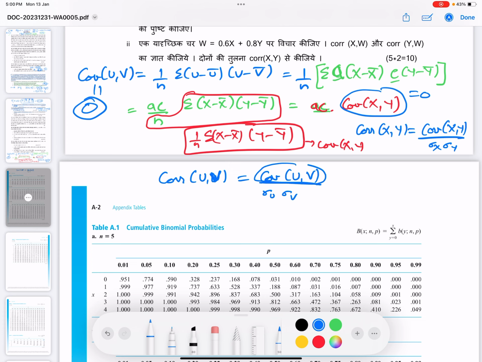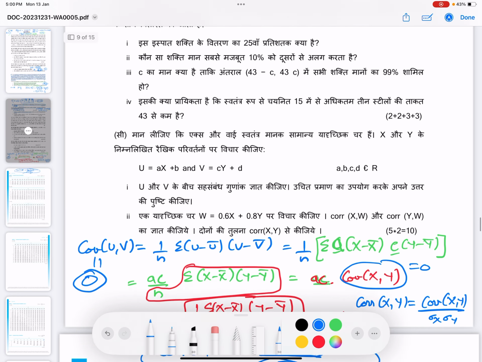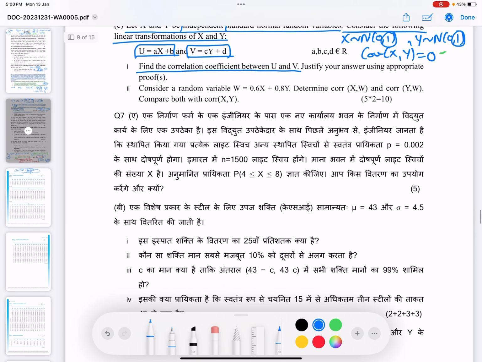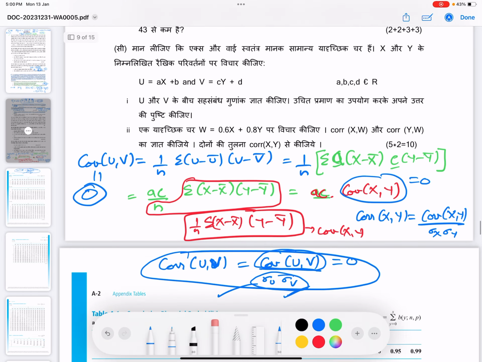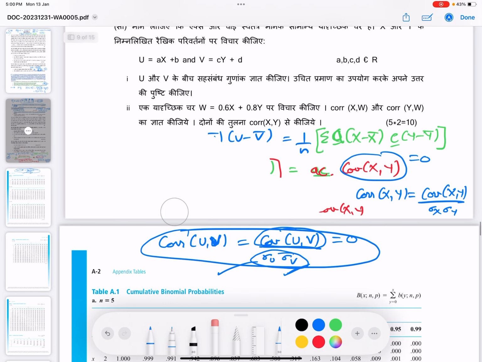Now we already know the covariance is 0, so we don't need to find this as well, although it is easy to find, but no need. So this would be 0 itself. Okay, now moving on to the next part. Justify your answer using, we have done this. Okay, so I'll clear up some space before solving the last part.